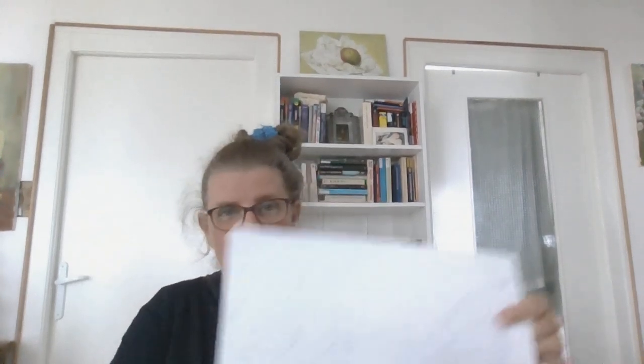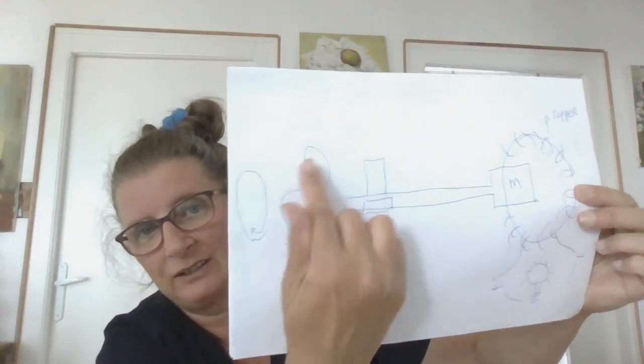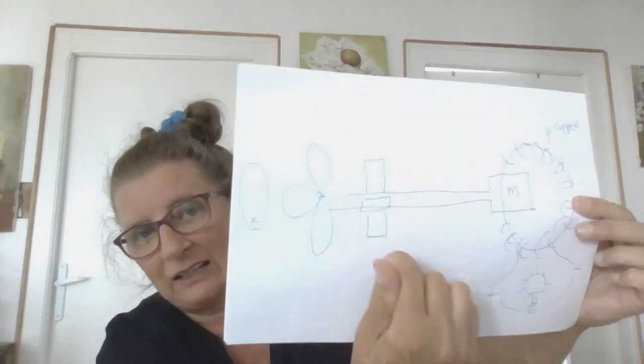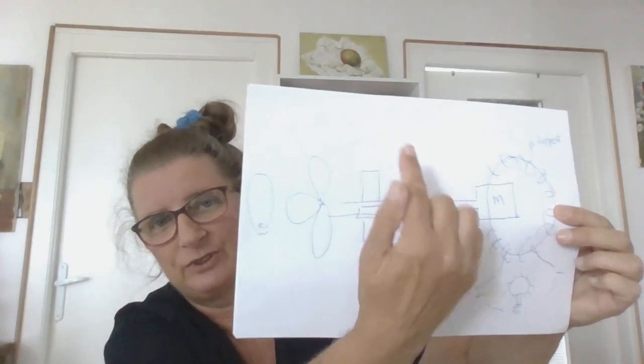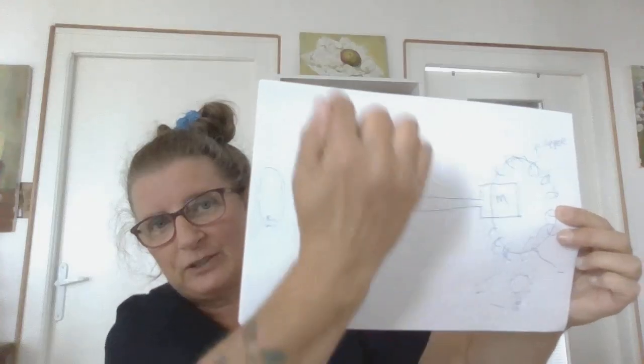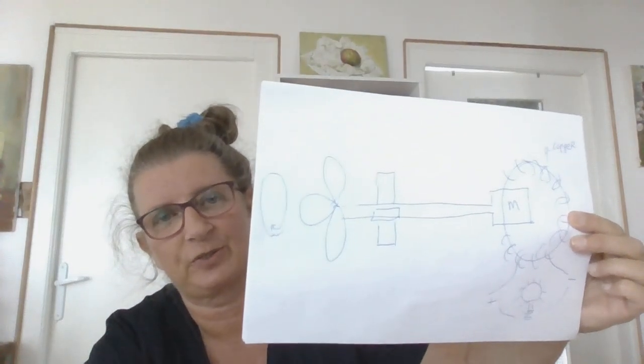Now, in my drawing, I have drawn wind blades and like these wooden pieces where you throw the water on and it starts turning. But actually, let me just do that. Let's see if I can make this happen.